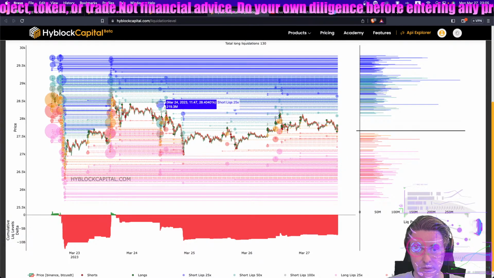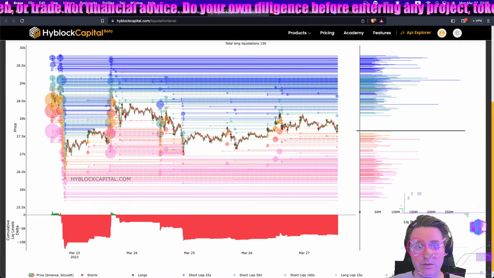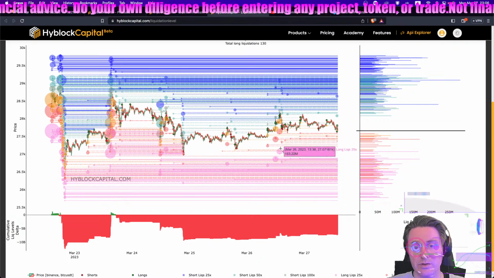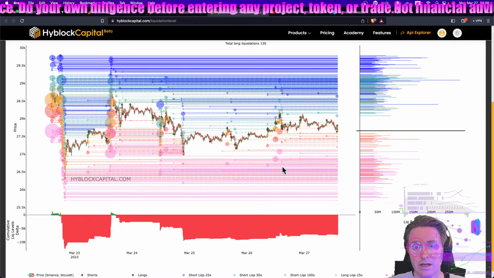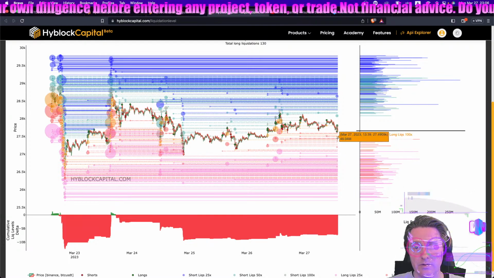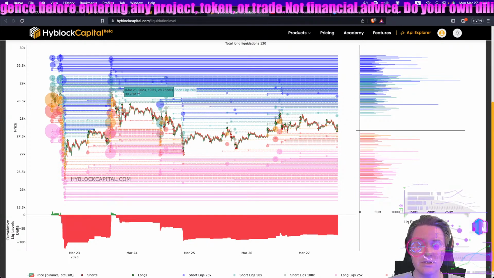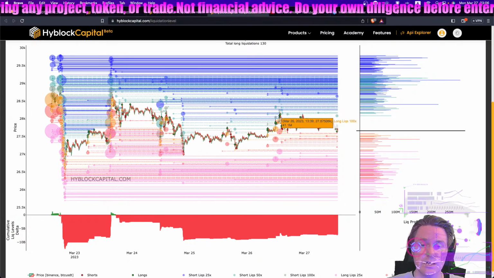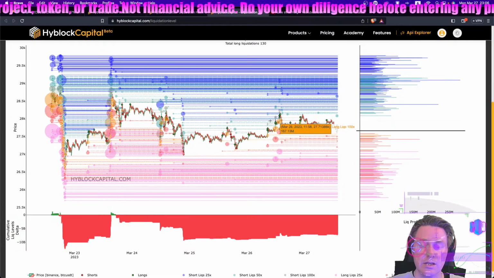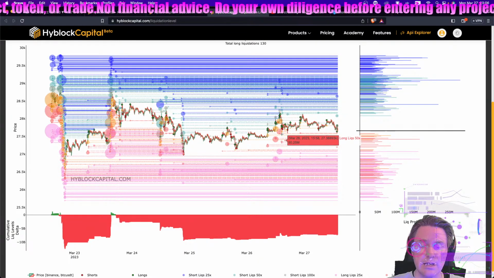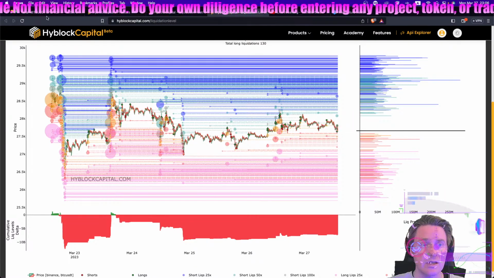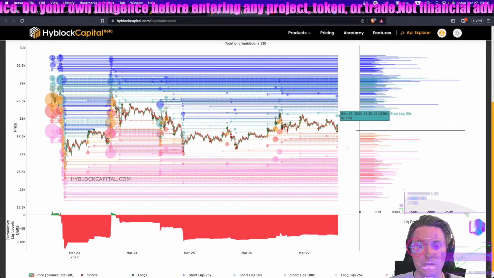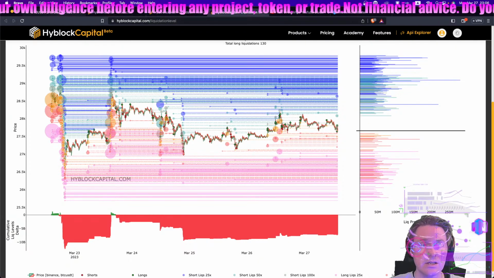So if we're going to go get this 28.4 and 29k, then we need to get these 27.42 longs out of the game and their pools cleared, and spawn the divergence to come get these regions. That would be ideal. It's taken longer than I expected. I thought it would happen within the day of yesterday's candle closing, but everything happens in its due time. So that's what we hope to see based off the liquidity.